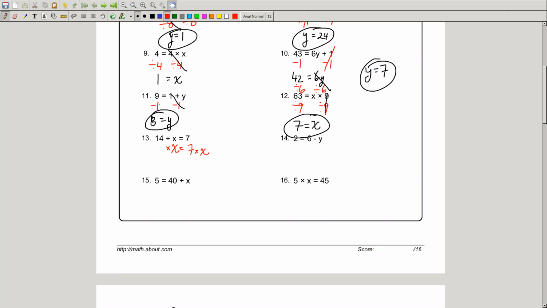Okay, and so the x's on the left side will cancel, and I end up getting 14 equals 7 times x, and the reverse operation to multiplication by 7 is division by 7. And I end up getting x equals 14 divided by 7, which is 2. And this checks out because 14 divided by 2 is 7. So that's the correct answer.